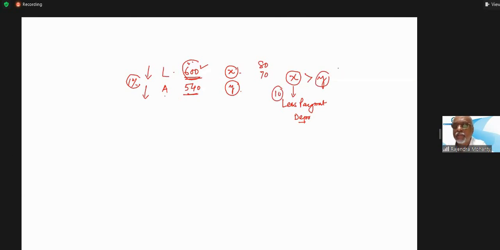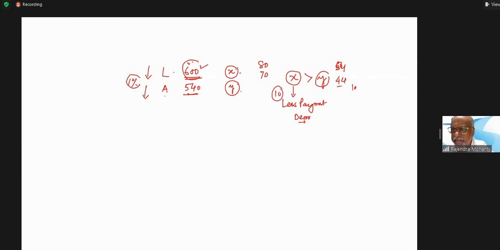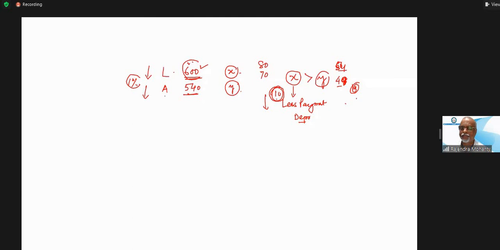Suppose you were getting 54 rupees on the loan, and now you are getting, say, 48 or 49 rupees. So it might be 6 rupees less. So now the reduction in interest payment will be more than the fall in interest earned from the loan. That's why your NII will be increasing.